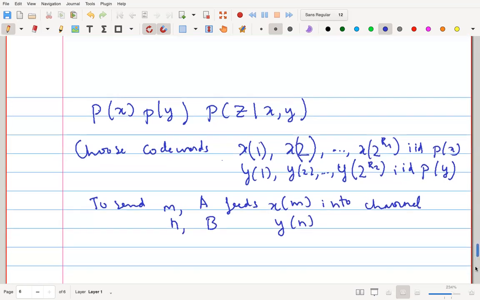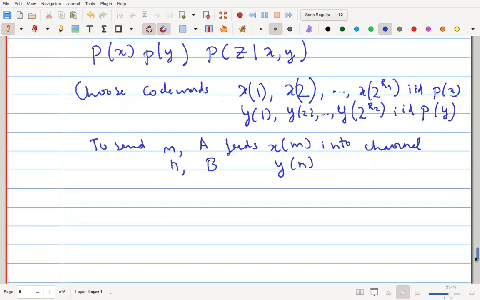Now let us look at the decoding strategy of Charlie. That's the same thing as before. So it is the sequential decoding strategy. But let us see what it means out here.